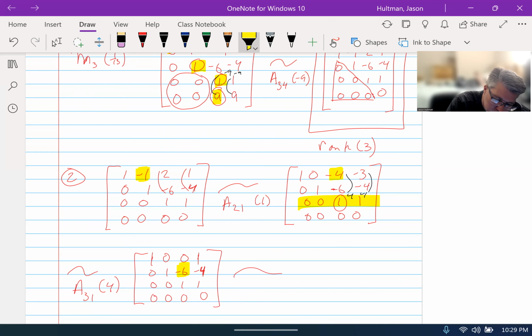So the notation is going to be multiply row 3 by 6, and then add that to row 2. Okay, so there's the notation for that. And if we multiply this by 6, just put those values.